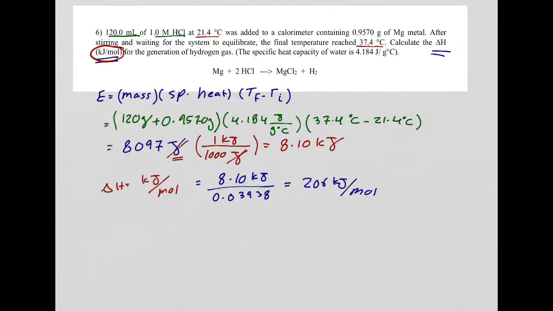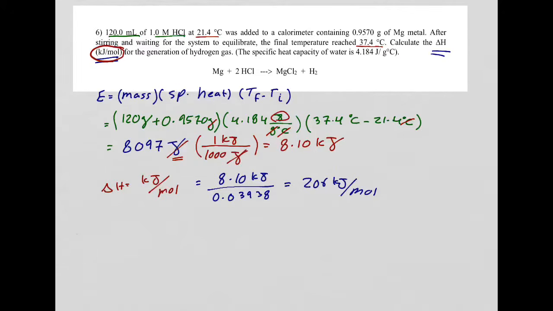Okay, let's summarize this one more time. What the question asked you was kilojoules per mole. Temperature change, the formula for energy, you plugged it in and you figure out the energy in joules, because the specific heat is joules over grams degrees, so grams cancel out, degrees cancel out, and I have joules. I don't want joules because this asked for kilojoules per mole, so I'm going to convert it to kilojoules.